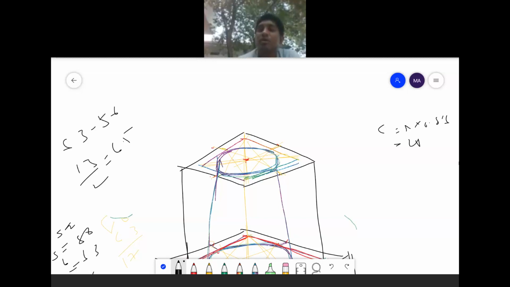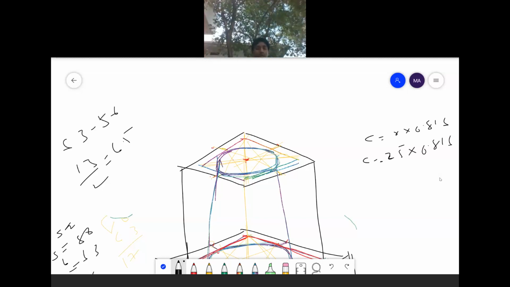Here radius is 25 into 0.816. What is the formula here? Center is equal to radius into 0.816. That is, center is equal to 25 into 0.816.